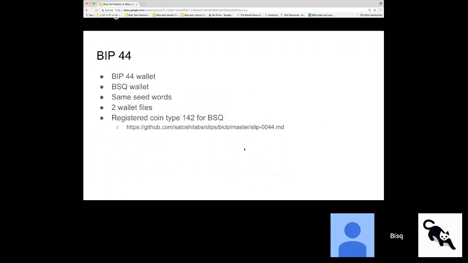And when a user would, for instance, use the seed words to recreate the wallet in another application, he would not be able to access the Bisq address, and would not be able to spend and make any mistakes with the Bisq address.